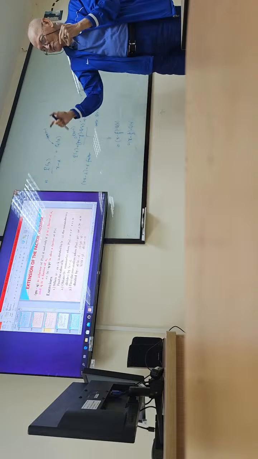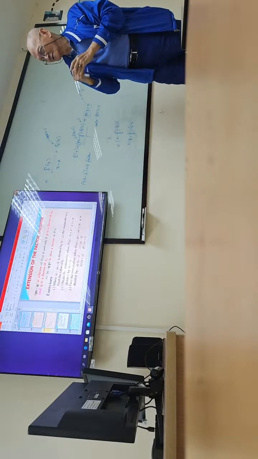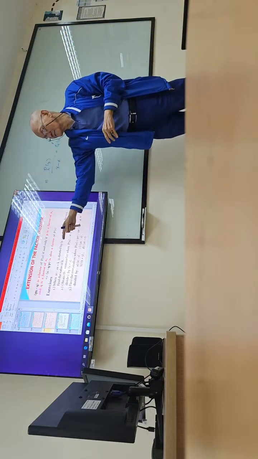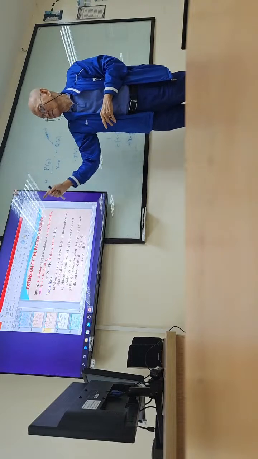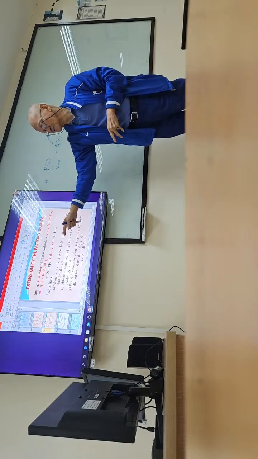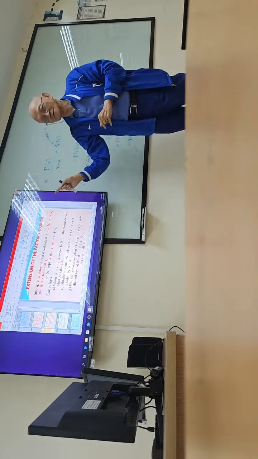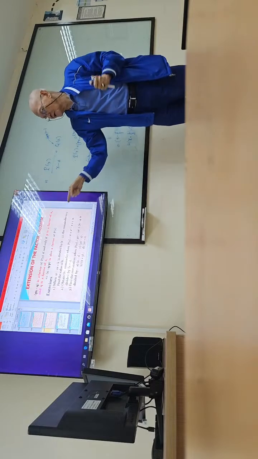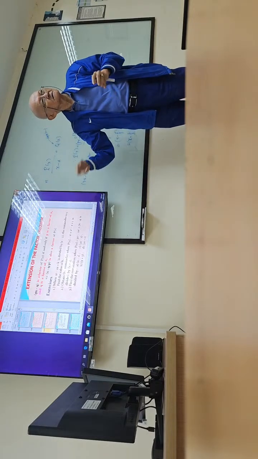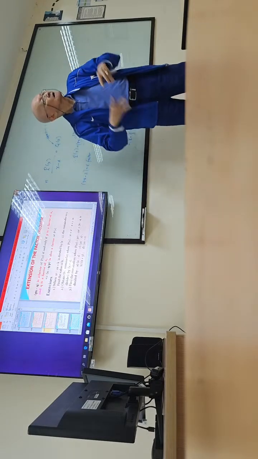You're given your cubic polynomial. You're given your divisor, a linear divisor. When you divide a polynomial by this linear divisor x minus 2, the remainder is 5. What is 5? Other than saying it is the remainder, what is 5?